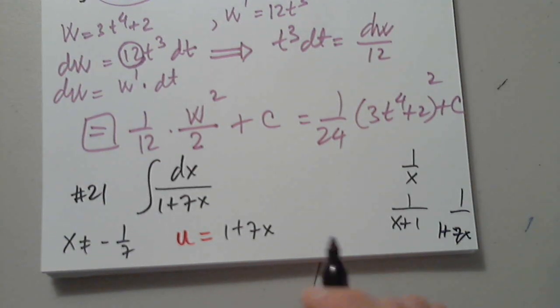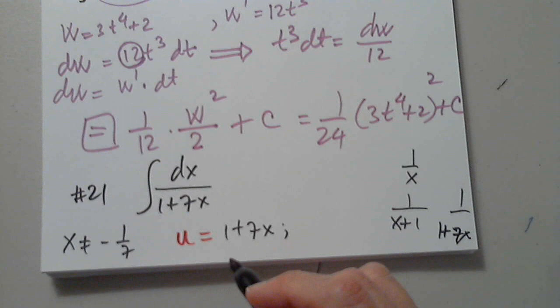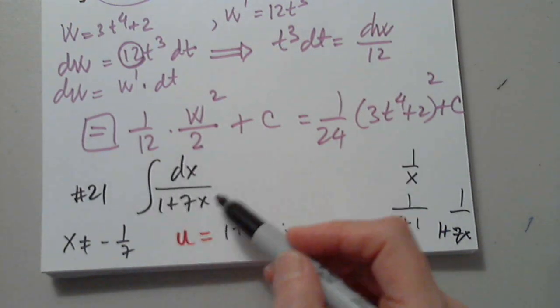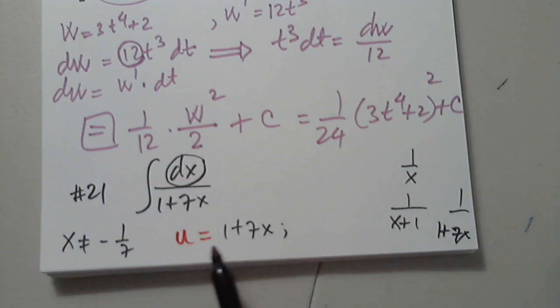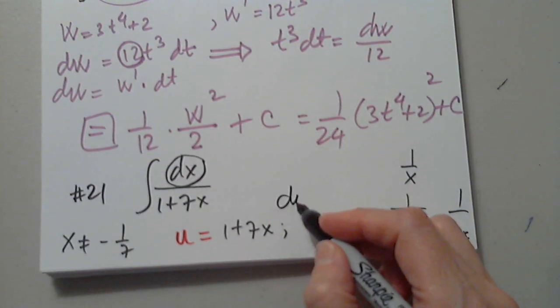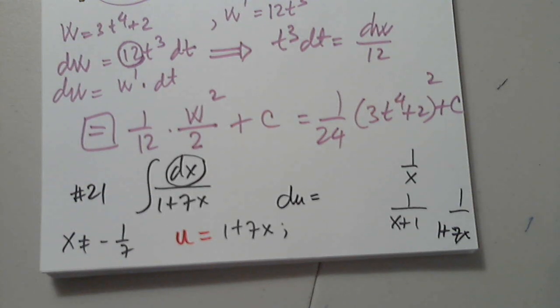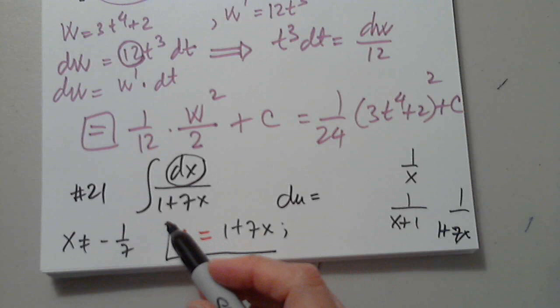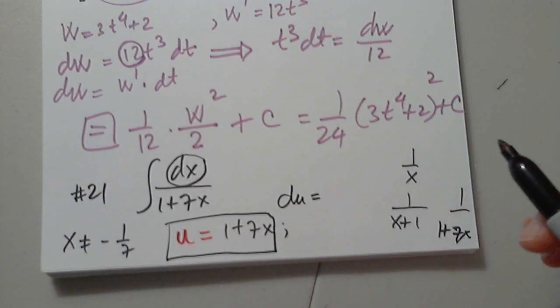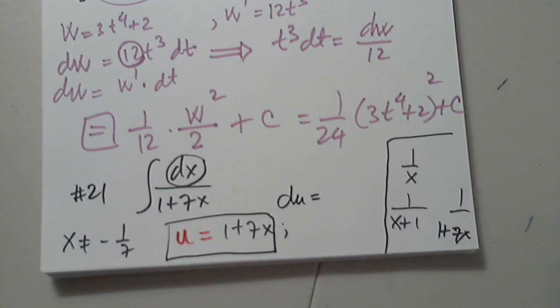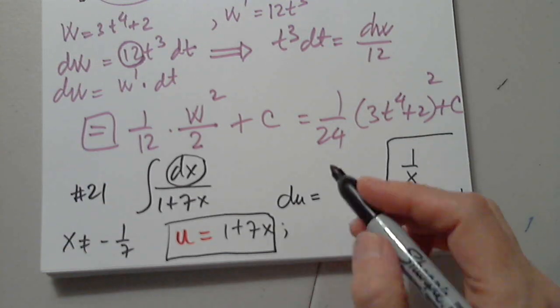Awesome. But now I need du, because this integral has dx in it. When I move from one variable to another, I must have the d of that new variable. So we have to determine du for this function. What should I write? 7 dx.